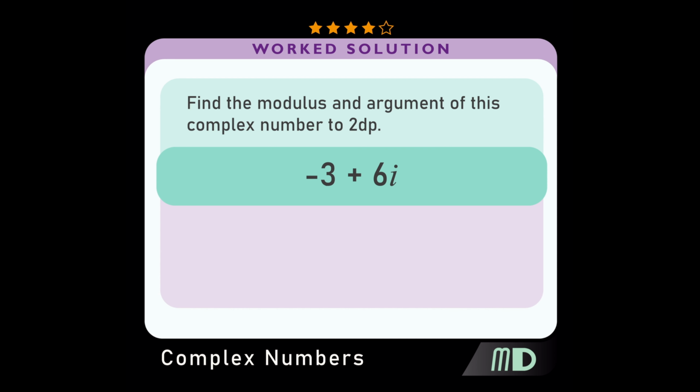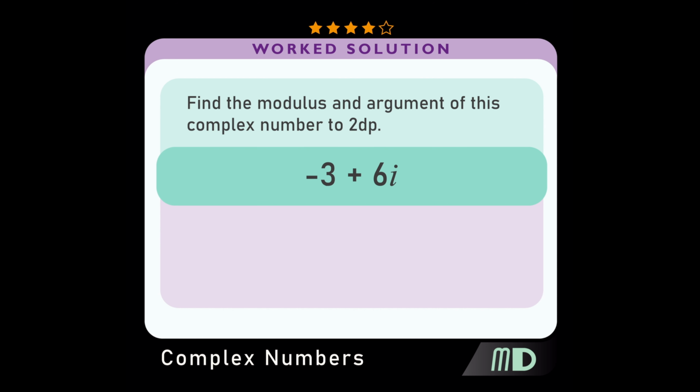A complex number is a number of the form a + bi, where a and b are real numbers, with a representing the real part of the complex number and b representing the imaginary part.